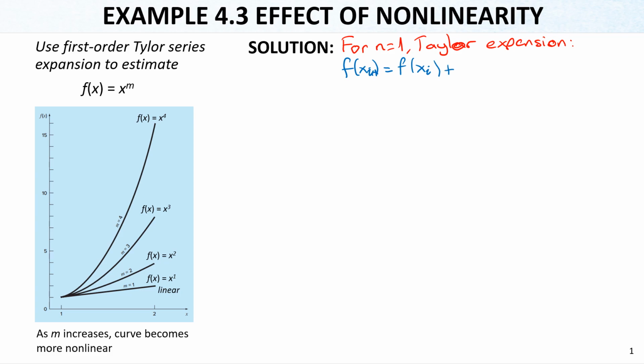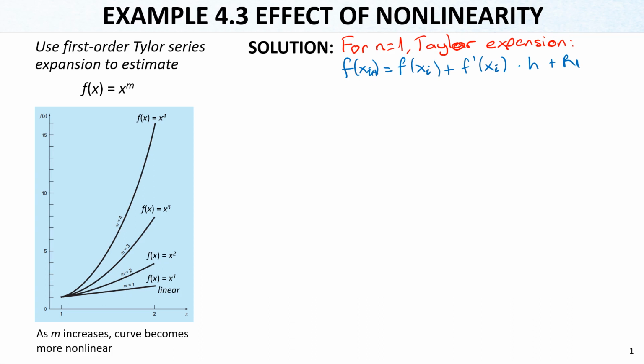Because we need the derivative here, let me write it down first. The derivative of x_i times h plus R1. When we write R1, this is exact. If we truncate from here, it will be tilde on top of this. But for now, this is fine.